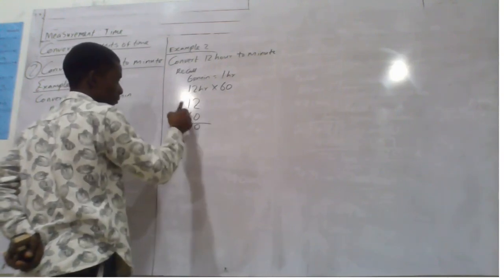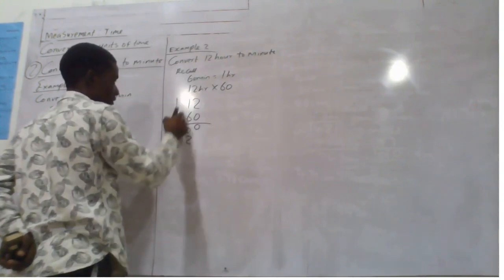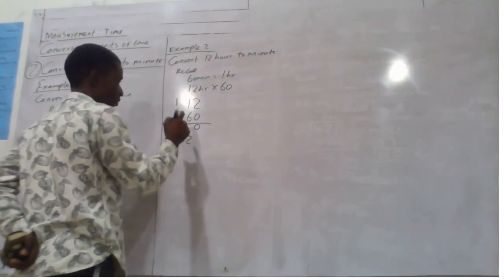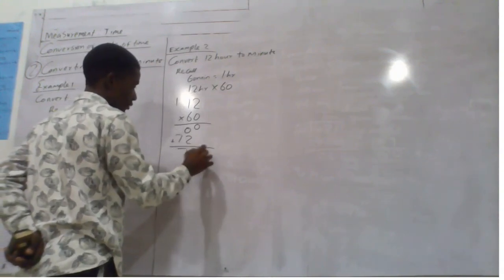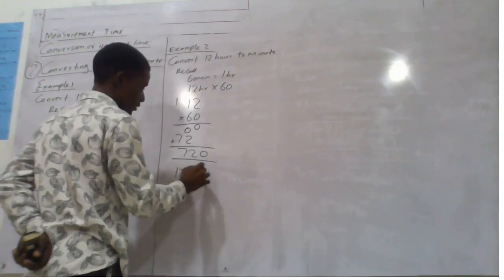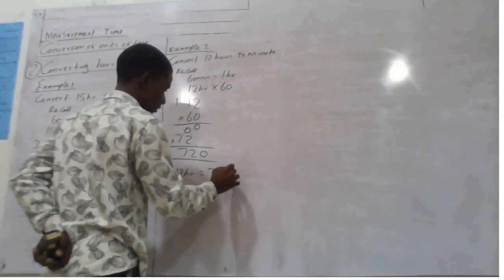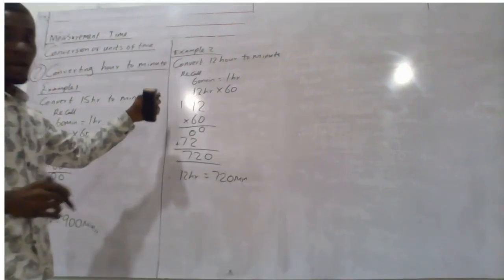We have 0, 0, that's 12. 6 plus 1 is 7. So my final answer is 720. Therefore, 12 hours equals 720 minutes. That is from hour to minutes.